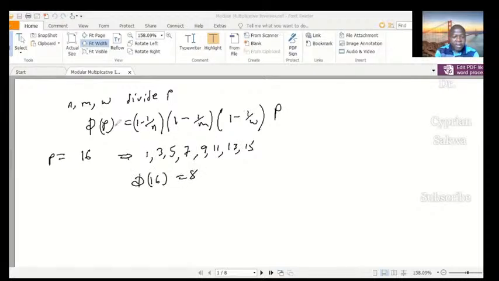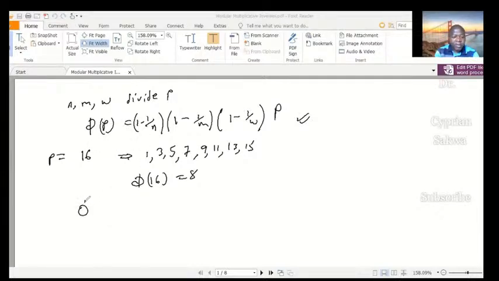In fact, this formula helps you get the answer 8 without having to list the numbers and count them. To use this formula, I ask myself which prime numbers divide 16. The only prime number that divides 16 is 2.